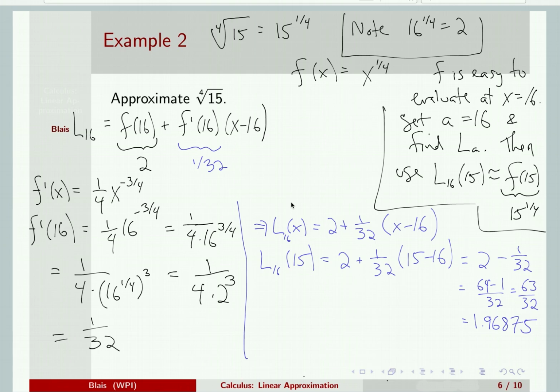Now the answer to a higher level of accuracy, so a closer answer, is 15 to the 1/4 is approximately 1.9679897.